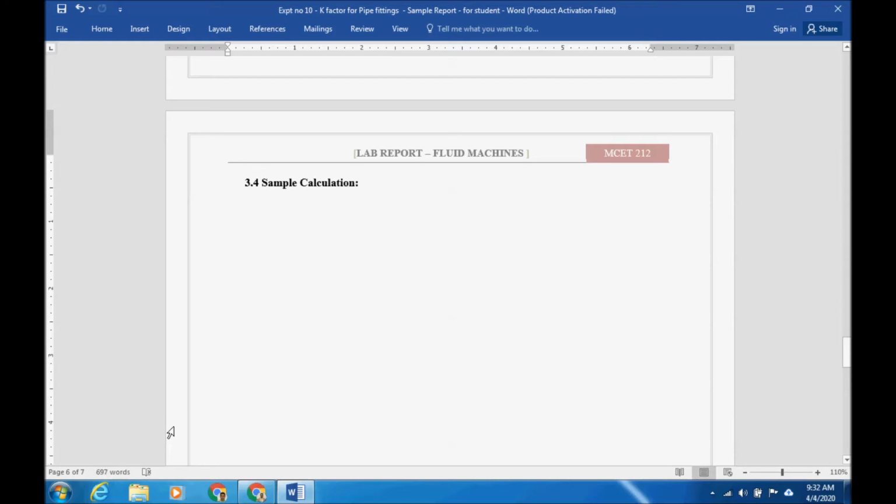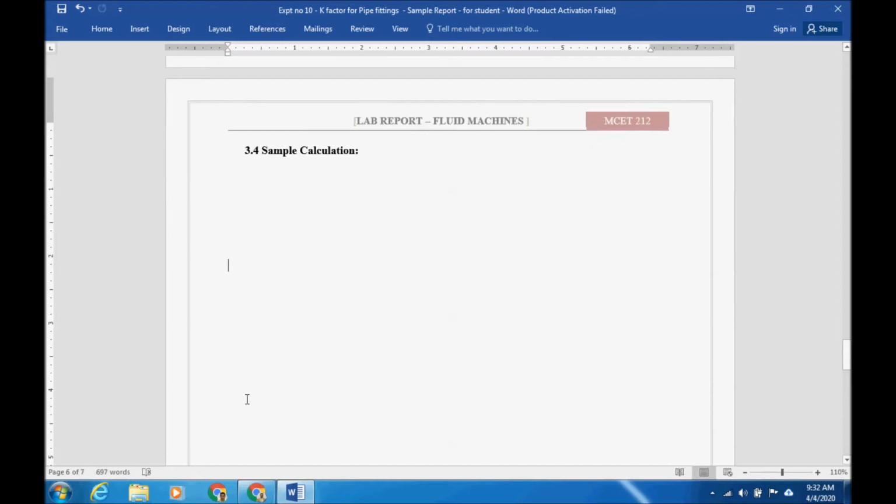Fourth, area of flow, A is equal to pi by 4 d1 square. So put the value of d1 and find the area in meter square. Number 6, the velocity. So velocity of flow is equal to discharge by area. So you know discharge, you know area, you can find out velocity in meter per second.